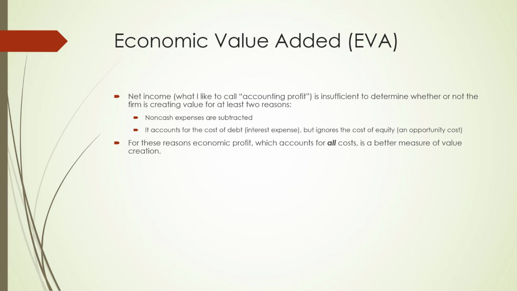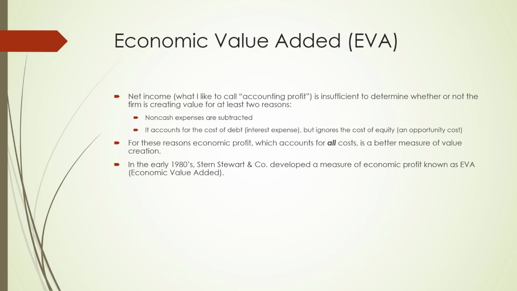EVA, economic value added, is a measure of economic profit. Now, this was created in the 1980s by a consulting firm called Stern Stewart and Company. What they did is they kind of dredged up this concept of economic profit from about 100 years earlier and kind of dressed it up, trademarked it, and all of that.